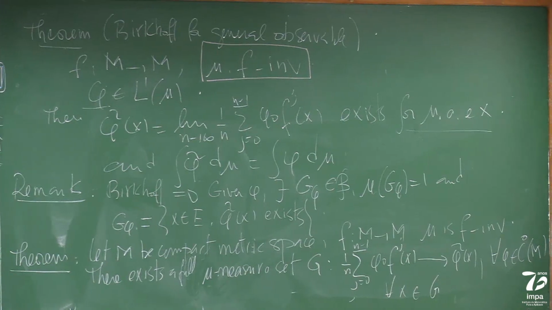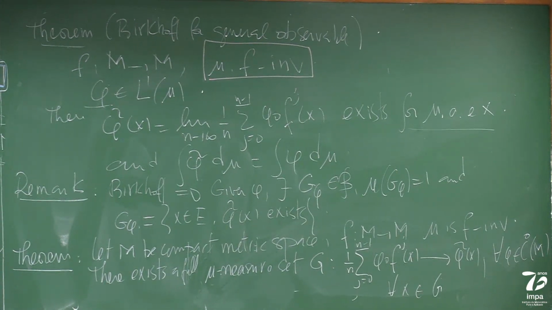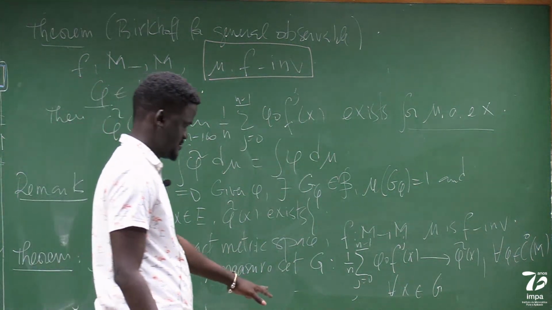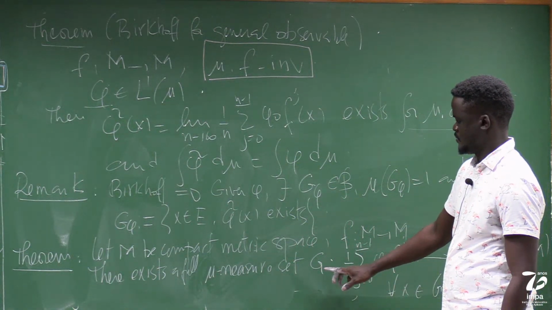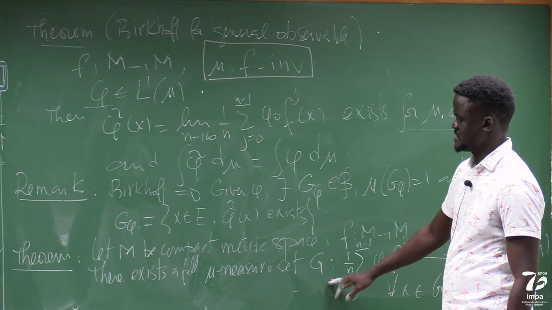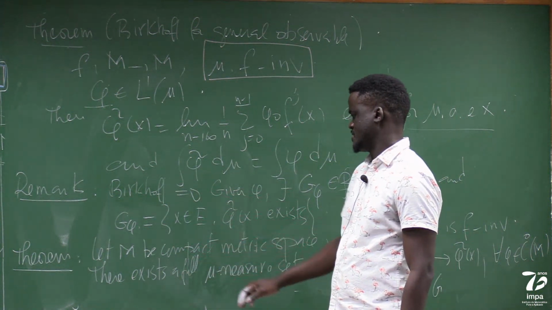The idea of proving this is just to choose a countable dense set, and for each function in that set you have your G, and take the intersection of the G's.